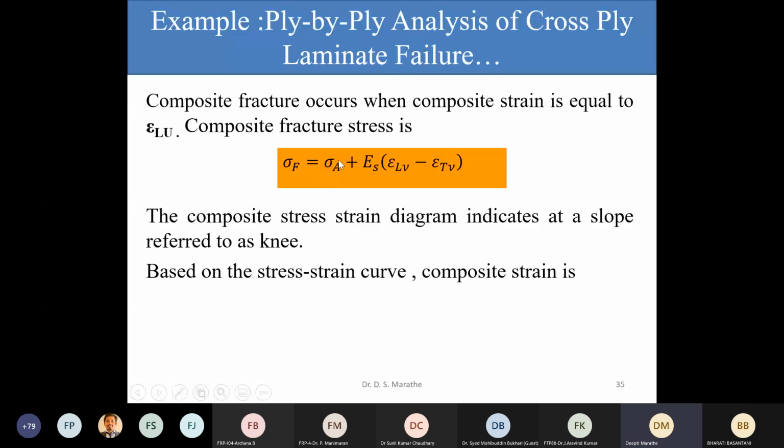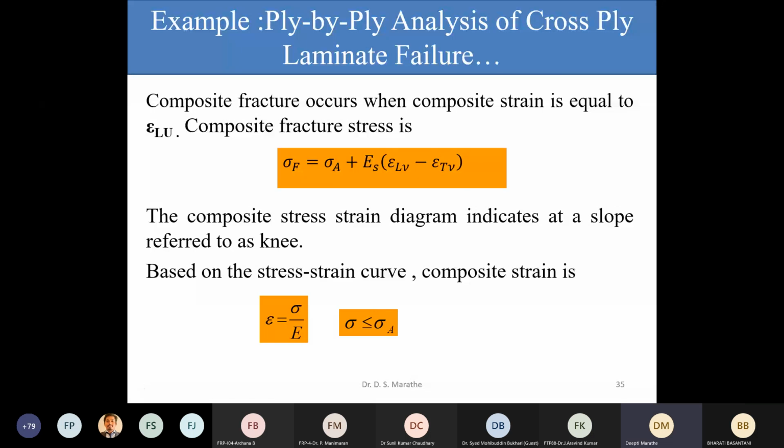In addition to that, I have this particular stress, where ES is the recalculated modulus, which is only that of the 0 degrees plies, and this is the strain. Now this is nothing but the difference in the longitudinal and the transverse strain, because already there is failure of this taken place. So that strain has to be removed from this particular strain value.